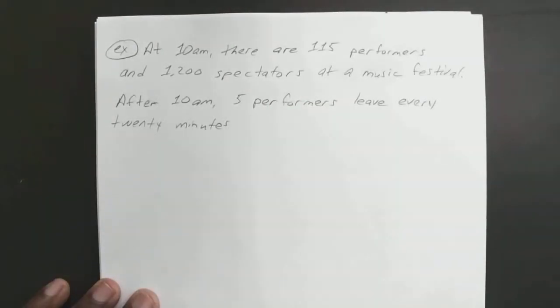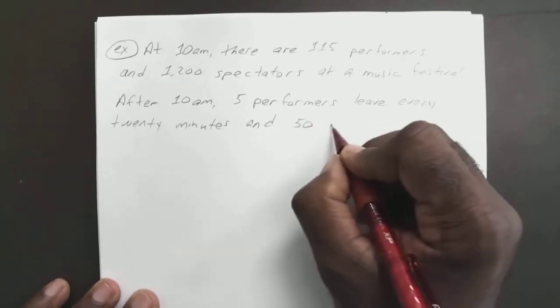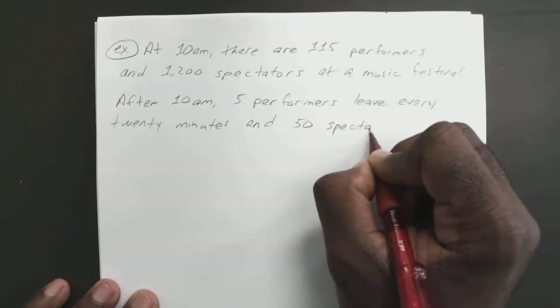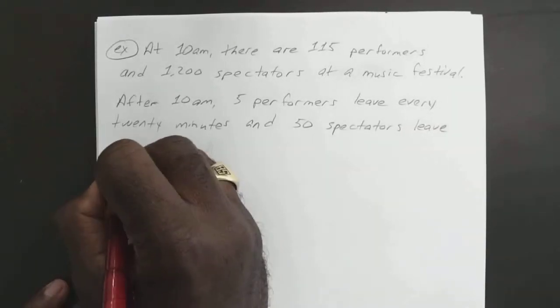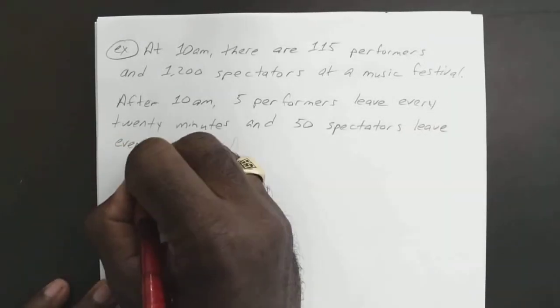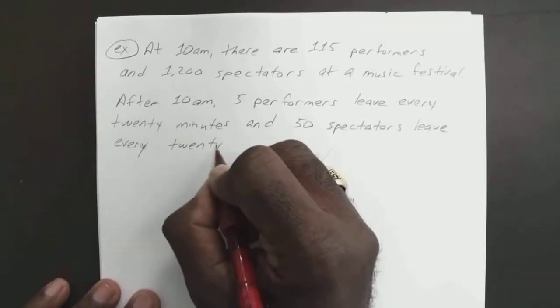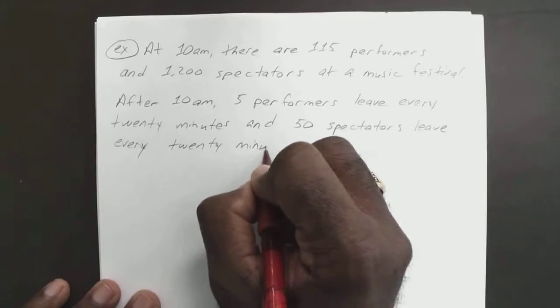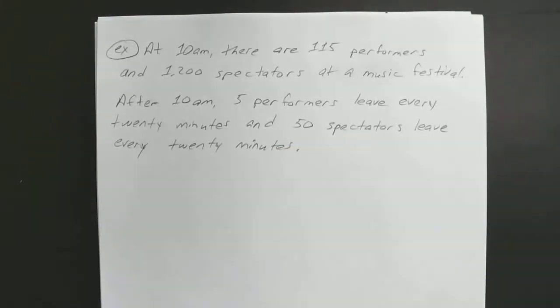And 50 spectators leave every 20 minutes. Okay, so what is the ratio of performers to spectators at noon?